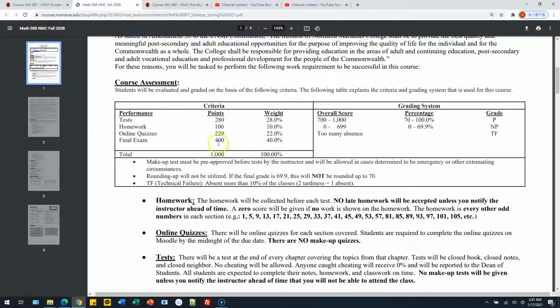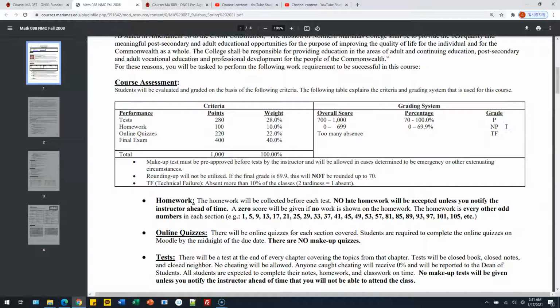So the final exam takes a large portion of your grade. It's really important to get good grades in your final exam. If your total score is 700 or 70%, then you pass this course.